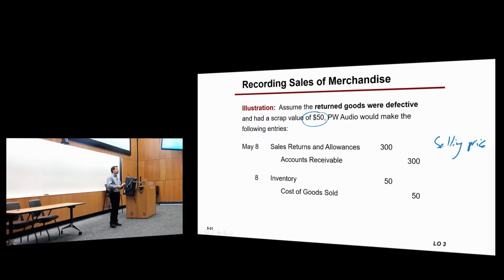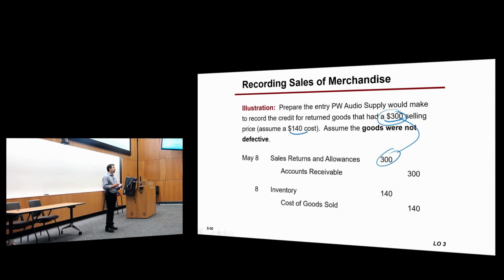You see, in this case, we're estimating the value of the returned goods because they were damaged at $50. In the previous example, we estimated the value to be 140 because it was not defective, so we used the original cost. It's the same thing. The only thing that changes is the value. One depends on the cost, the other depends on how much you estimate the value of that damaged good is.